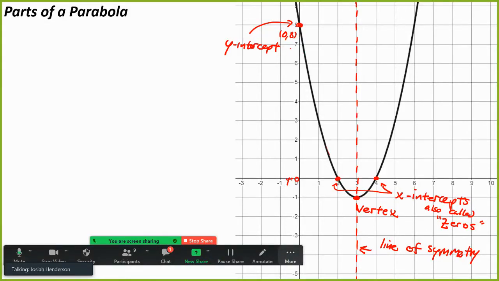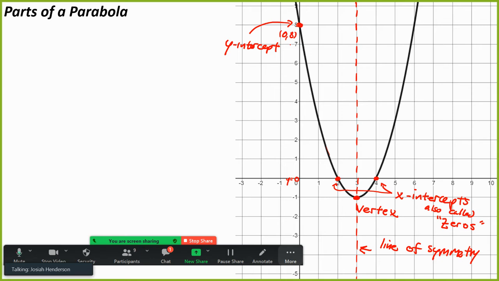If you took my black parabola and moved it around, let's say we could grab it and drag it across the screen, it's only going to cut through the y-axis once. If we dragged it over and put the vertex on the y-axis, it's going to cut through just once right there. If we moved it far to the right or far to the left, it should only cut through once.